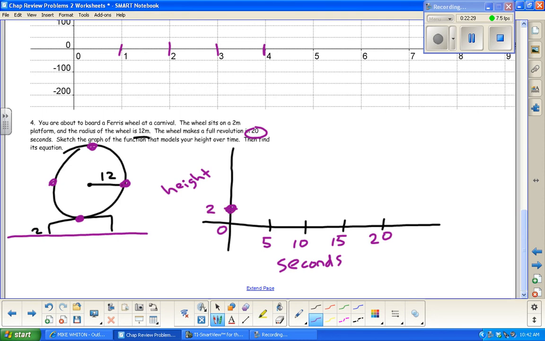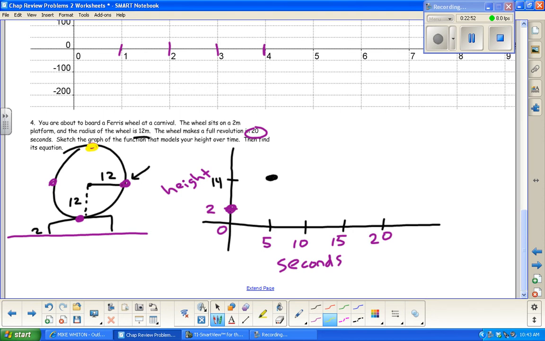Once we get to this point, which is 5 seconds, 1/4 of the way around the circle, think of this radius as 12, so we're 12 meters plus the platform was 2, so we are up at 14 meters tall at that point. Then we keep going around, we're halfway around, we're at the highest point, 10 seconds have gone by.